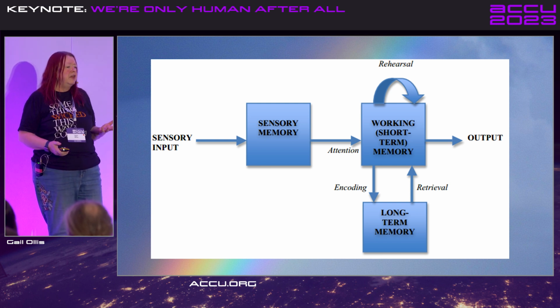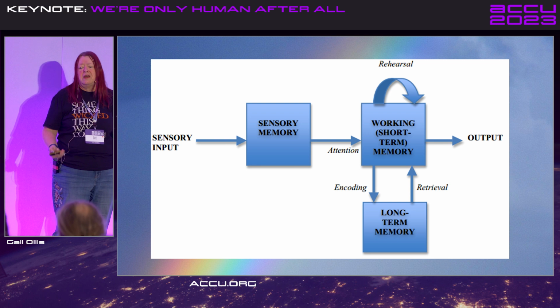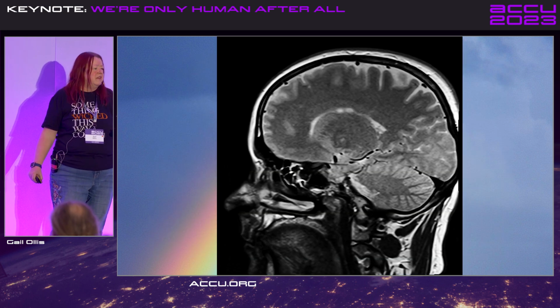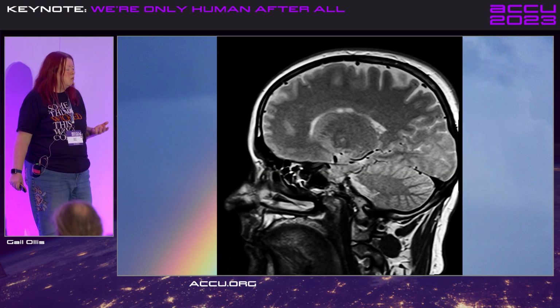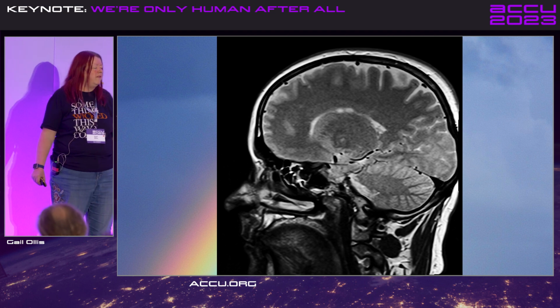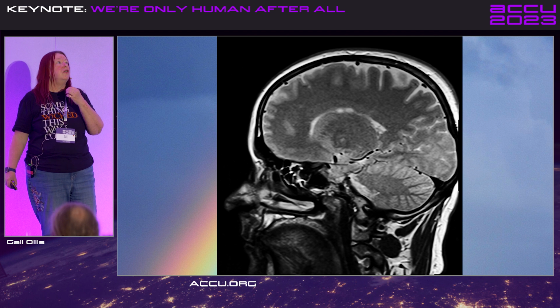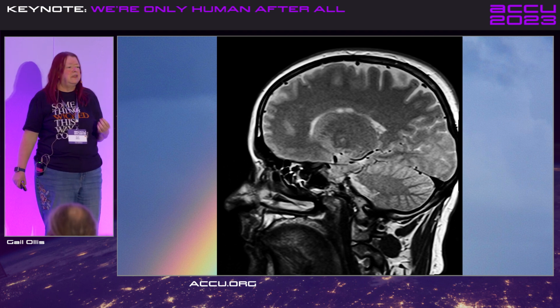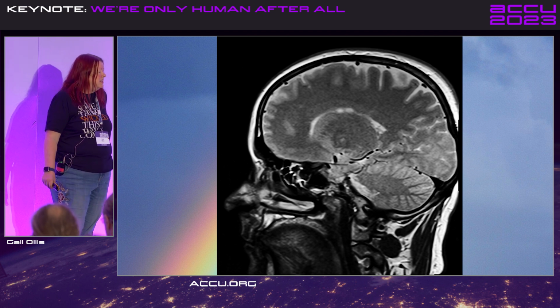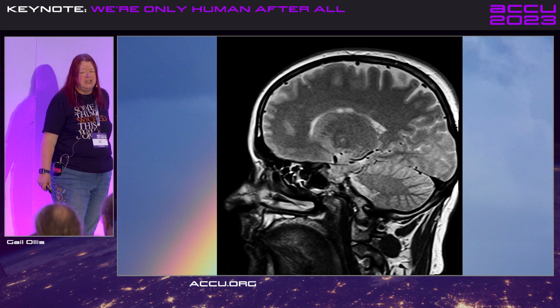So, imperfect model, because humans are not computers. The brain is actually about 1.4 kilos of jelly, basically, with a lot of neurons. So pretty amazing capability, really, for 1.4 kilos of jelly.